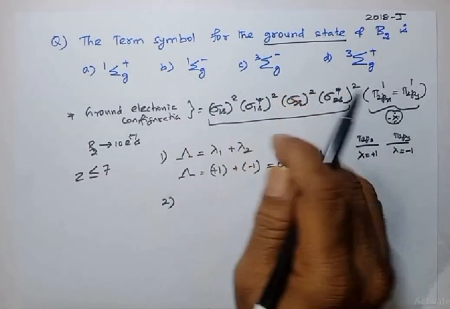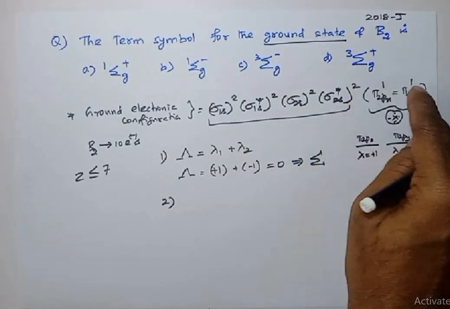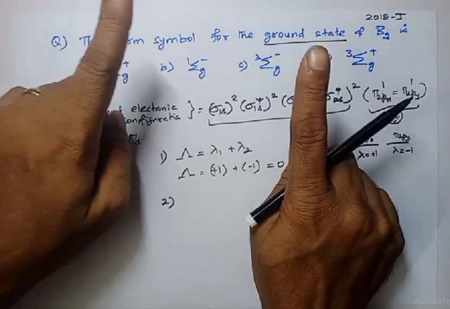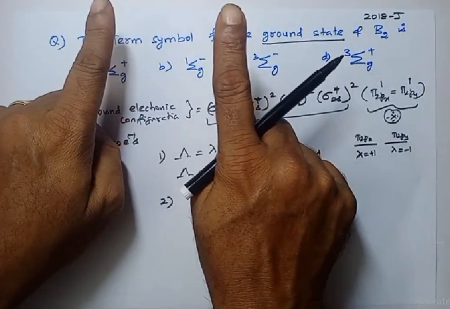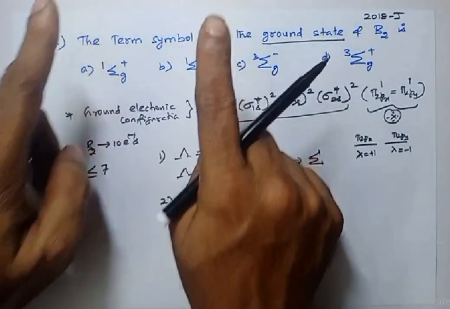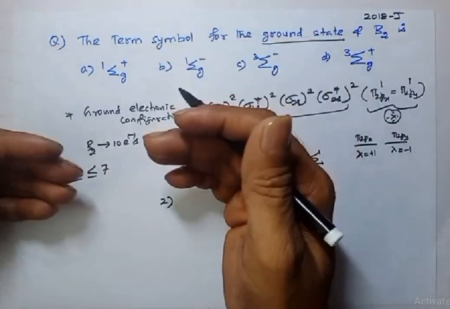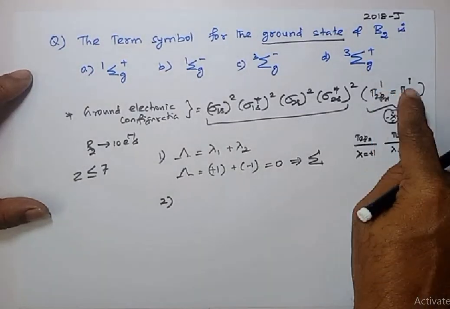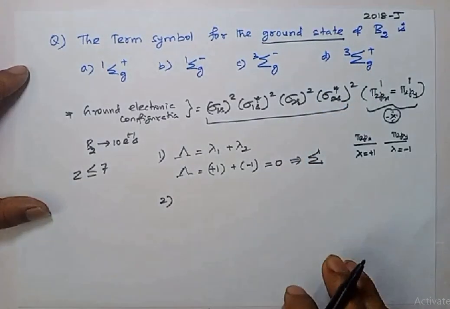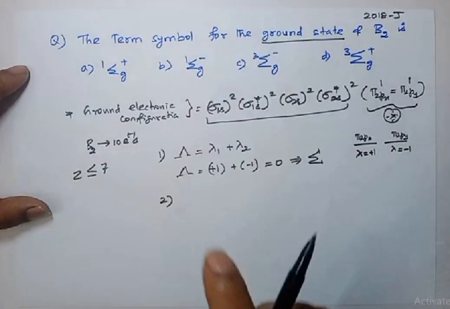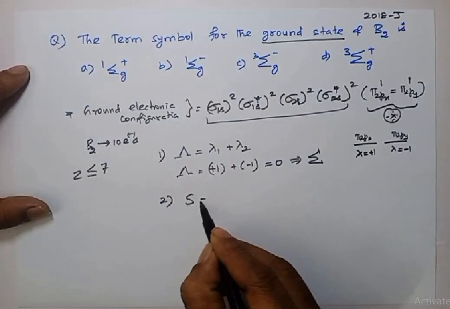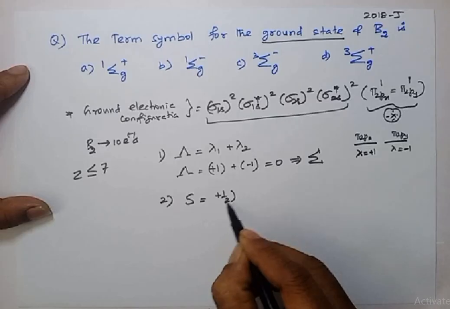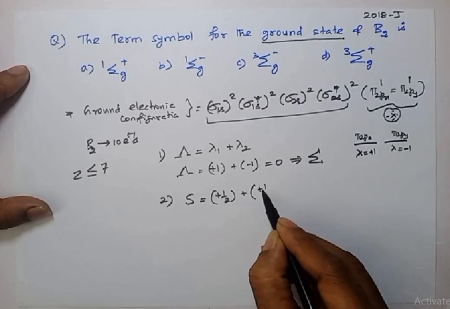According to Hund's rule, if the 2 electrons present in the degenerate orbitals exist with the same spin, parallel spin, then they have the lowest possible energy. Therefore, the 2 electrons must have the same spin to get the ground state, right? So total spin: for electron 1, I'll put +1/2, and for electron 2 also +1/2.